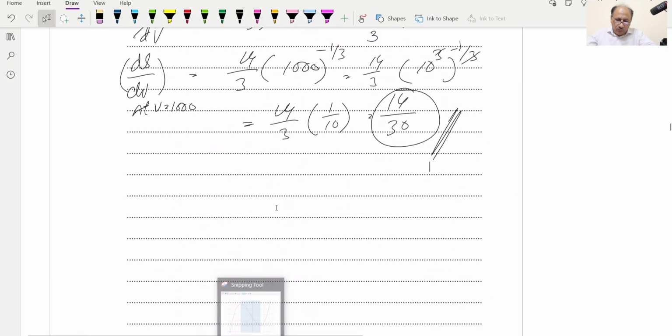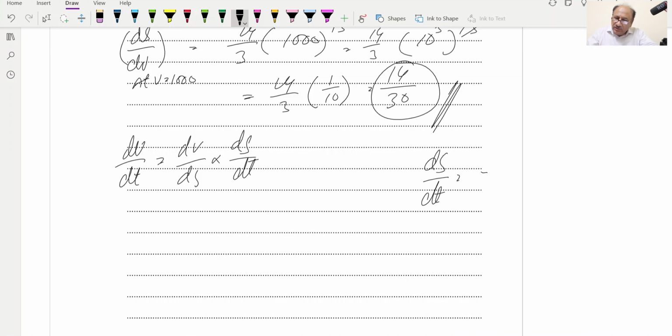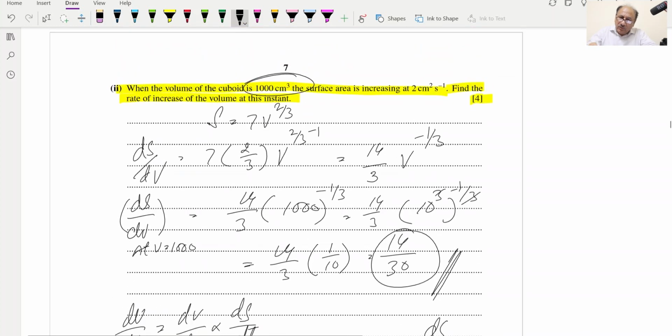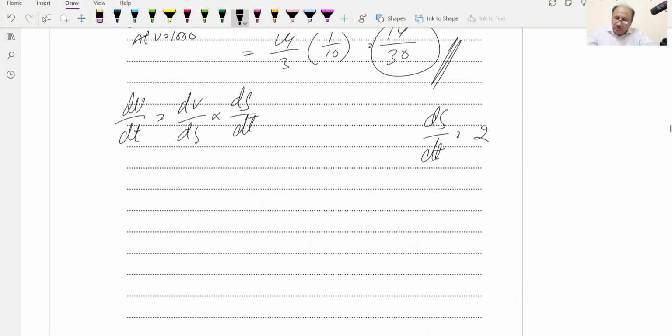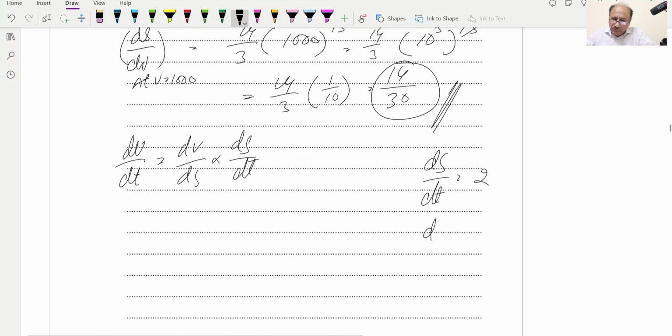Now dv over dt, with the passage of time, will be by chain rule dv over ds into ds over dt, and ds over dt is provided as 2 in the question. They have provided 2 centimeter square. We have calculated ds over dv, which is equal to 14 over 30.